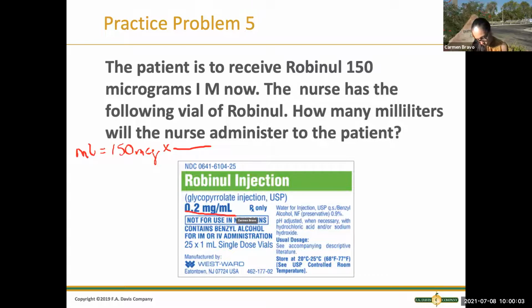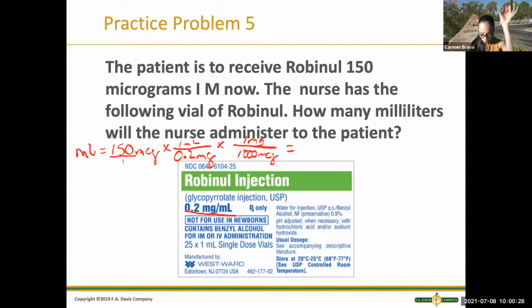And my dosage strength. Then remember, when you start with the order, remember that we make that imaginary one there.